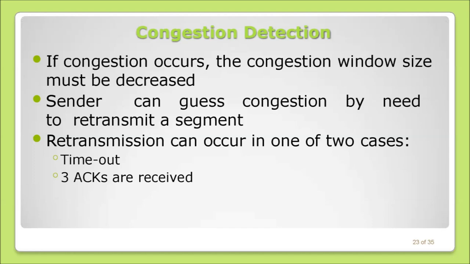In that time, if the acknowledgement is not received, then the sender will retransmit the frame or segment already transmitted. Second, multiple acknowledgements: if 3 acknowledgements are received from the receiver, the sender will retransmit that specific frame. So in this way, congestion will be detected.